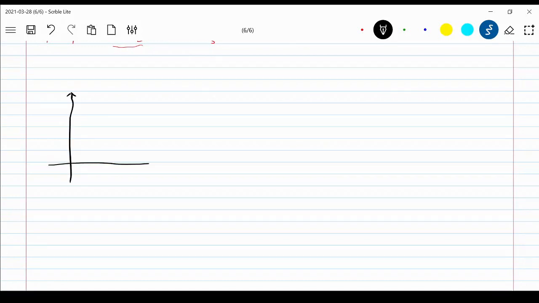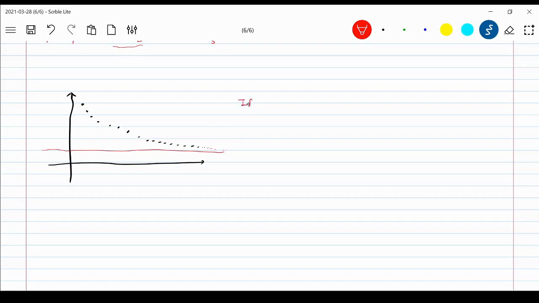Let's say we have a bunch of points that are decreasing, like that. Every time the value is smaller. And these values are bounded below by a certain line. That means they cannot cross this line. Then what can I say about this sequence? Since it's decreasing, it should converge to something.